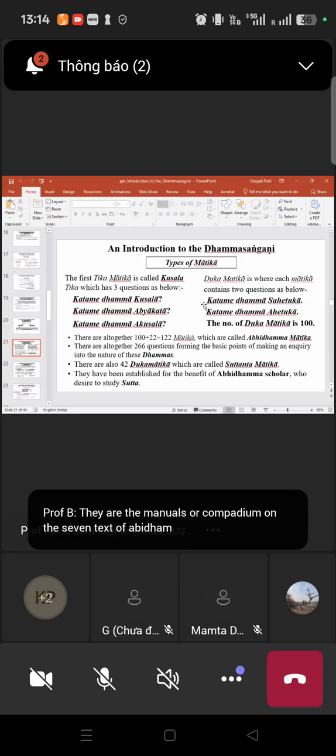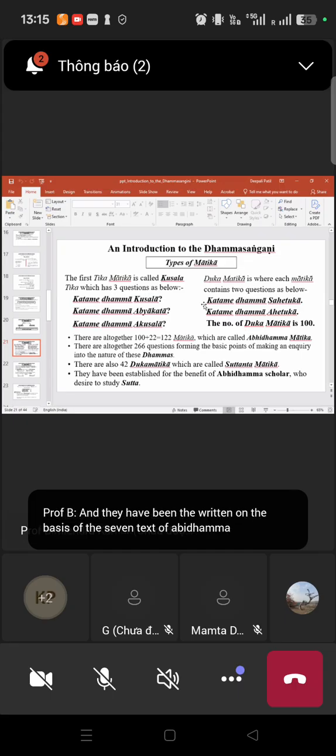So Abhidhammatthasaṅgaha, Nam Rup Pariched Katha, then Paramat Vinishya, then Satyasaṅkhepa. There are 9 texts which were written by later Acharyas, Abhidhammic Acharyas. They are called manuals of Abhidhamma, and they have been written on the basis of the 7 texts of Abhidhamma.